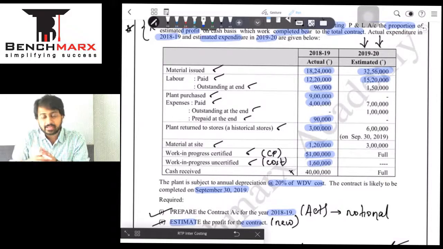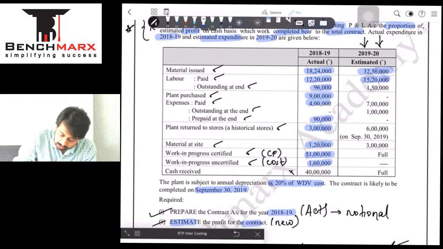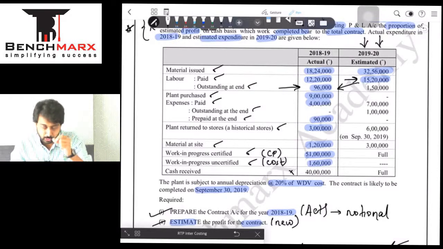Whatever is the paid content usually always includes the previous year's outstanding. बराबर. Now 96, मैं इसकी बात कर रहा हूँ. This 96 was not paid in the previous year and I have paid 1520 in the current year. This 1520 is going to include 96 as well.